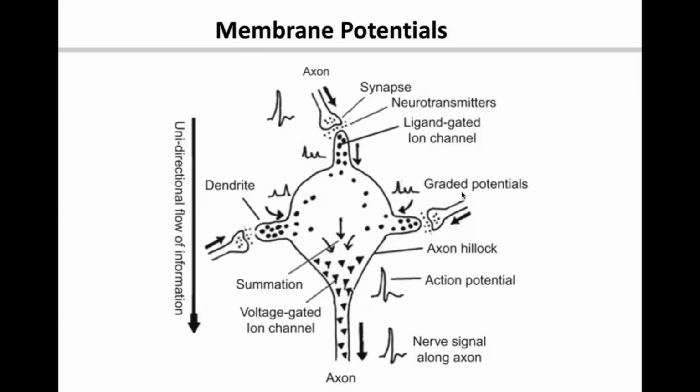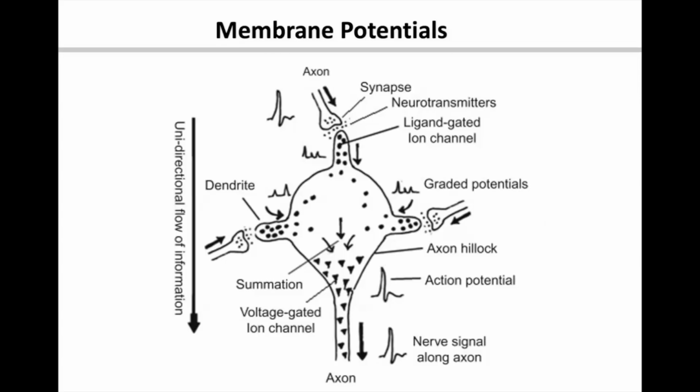These graded potentials can move to a certain point, which is known as the axon hillock. These graded potentials can sum up together and come to the region of the axon hillock. And what happens in the axon hillock, it can lead to an action potential.